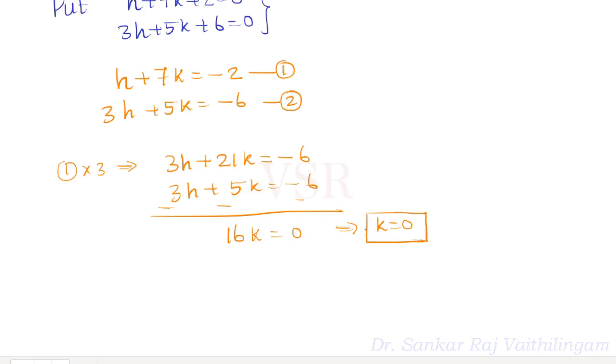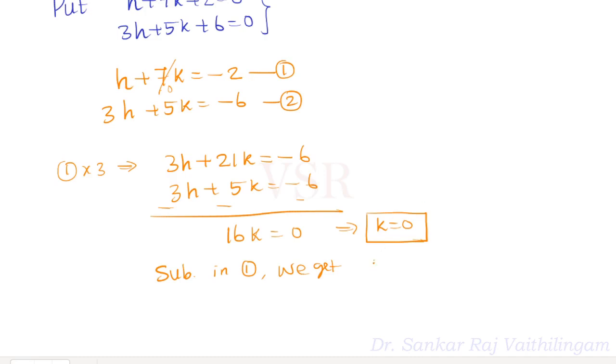Now substituting k equal to 0 in equation 1, we get h equal to minus 2.